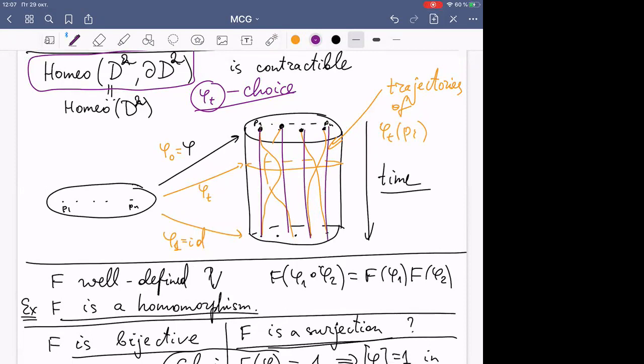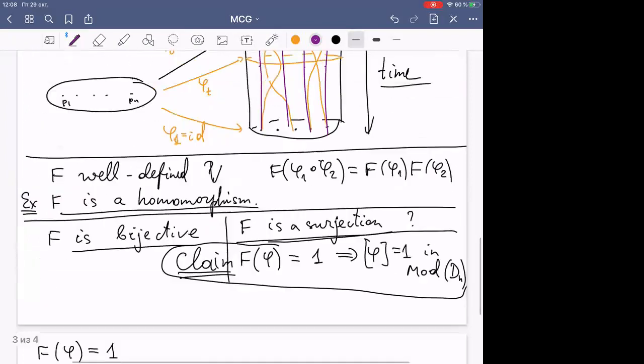So on any level, we see not only a homeomorphism of the disk which fixes the boundary, but a homeomorphism of the disk which fixes the boundary pointwise and every puncture.